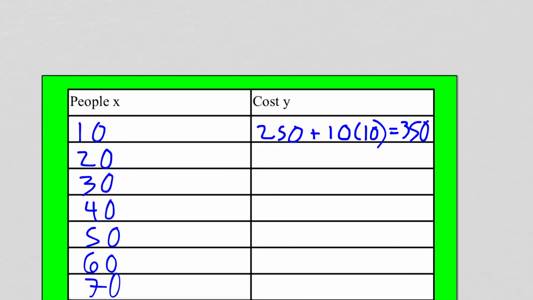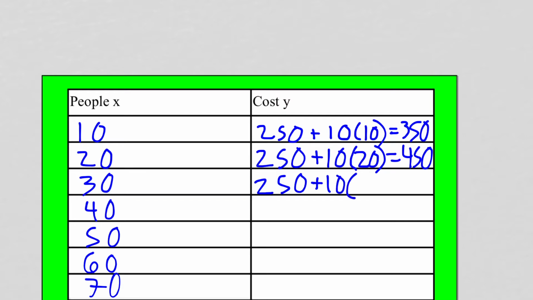And then 250 to rent the place plus $10 per person times 20 people. 10 times 20 is 200 plus 250 is 450. And $250 plus 10 times 30. And 10 times 30 is 300 plus 250 is 550.